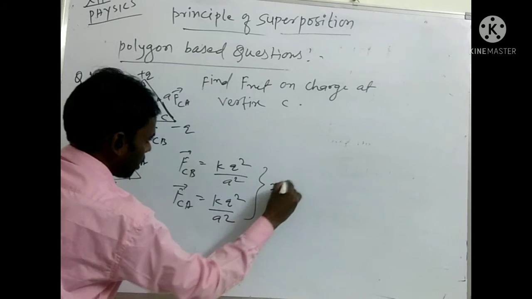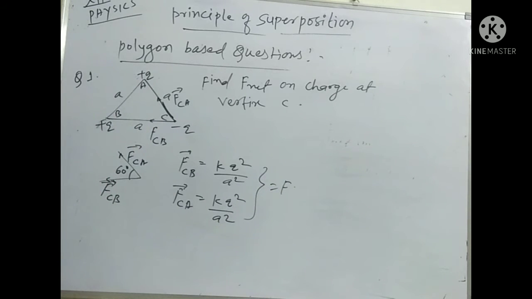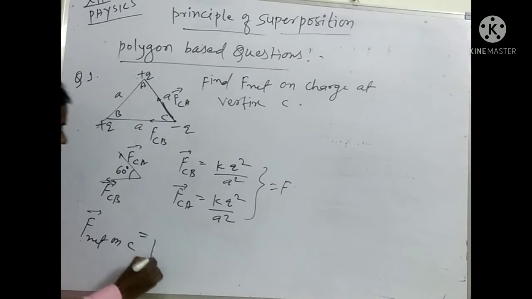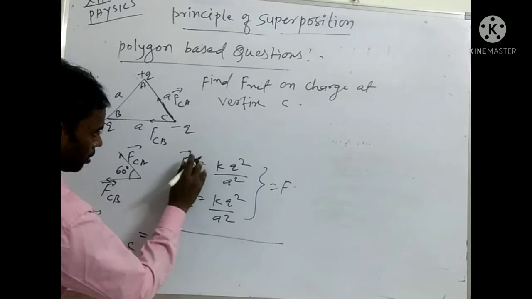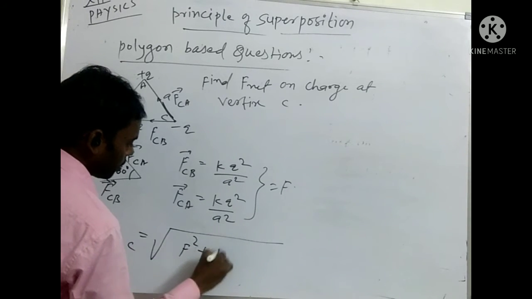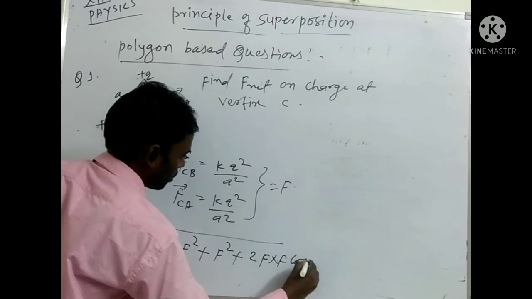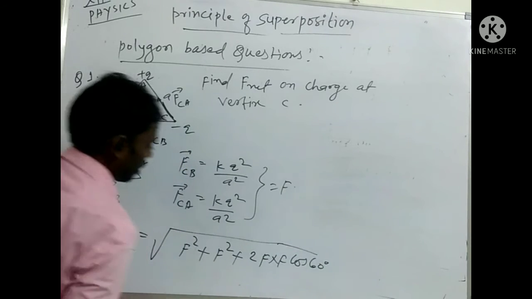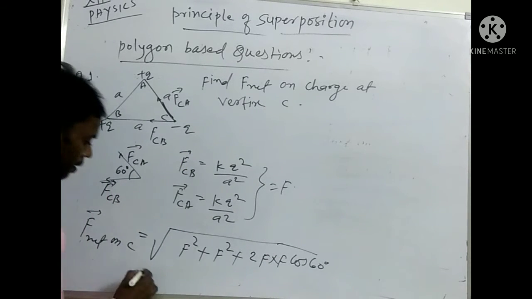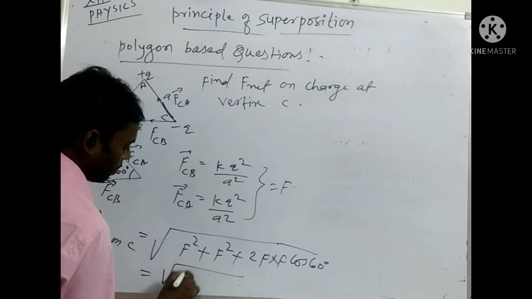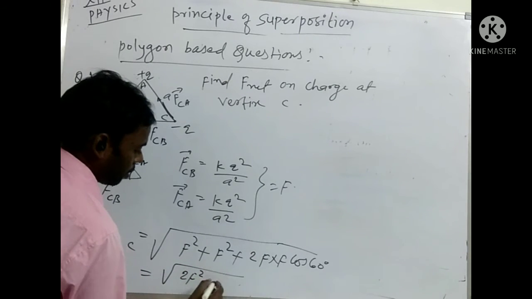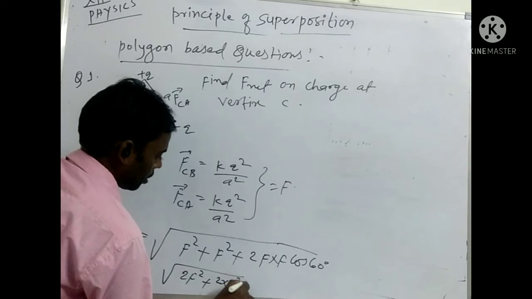Both magnitudes are the same, so we can assume F. By the principle of superposition, the net force on C equals root over F square plus F square plus 2F into F into cos 60 degrees. The answer becomes the same: root over 2F square plus 2 into F square into 1 by 2.